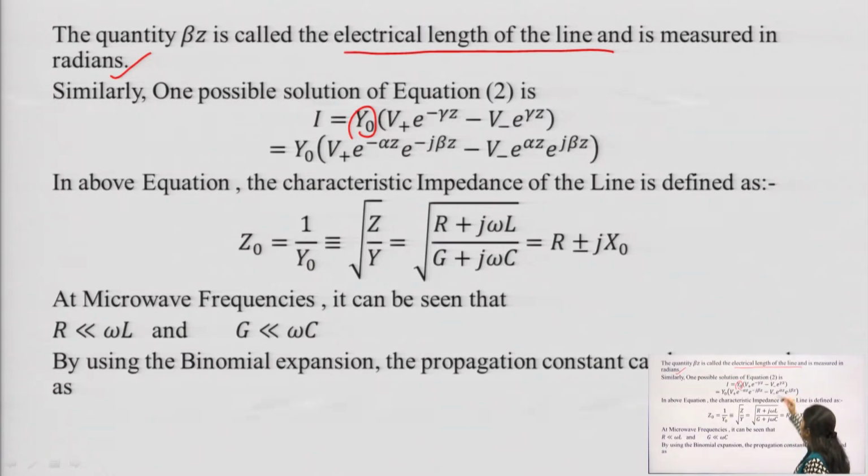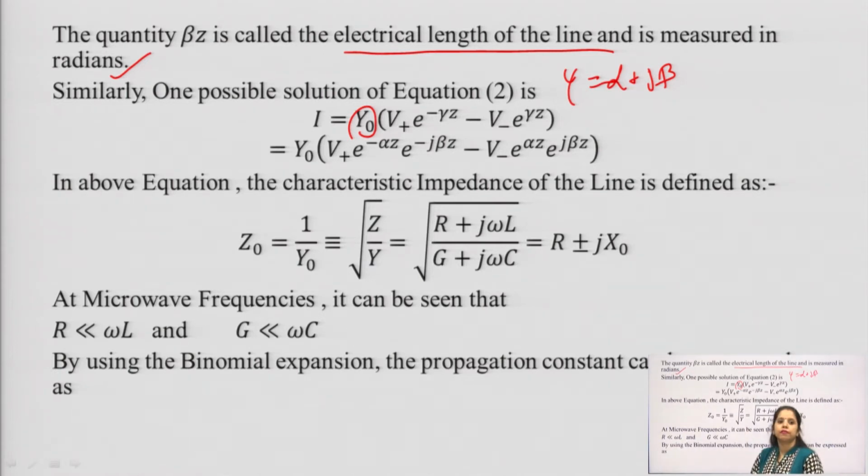Again, when we replace gamma with alpha plus j beta, we have y naught times the bracket V plus e to the power minus alpha z e to the power minus j beta z minus V minus e to the power alpha z e to the power j beta z.